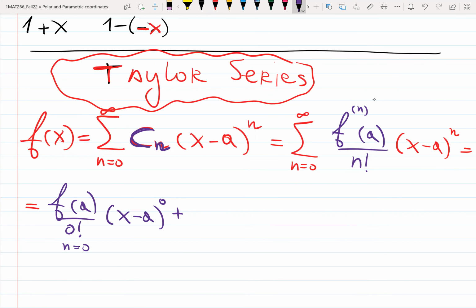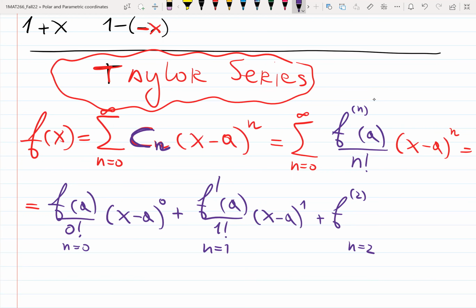Next, when n is 1, you will have the first derivative at the center a divided by 1 factorial times (x minus a) to the 1, plus, when n is 2, you have the second derivative at the center divided by 2 factorial times (x minus a) squared, and it keeps going. So that's how this formula is written.